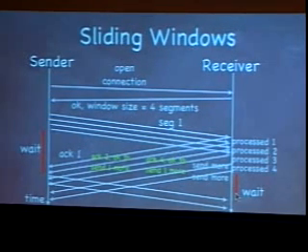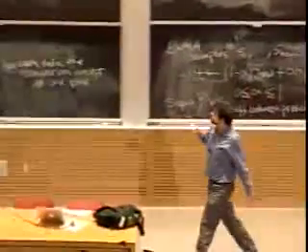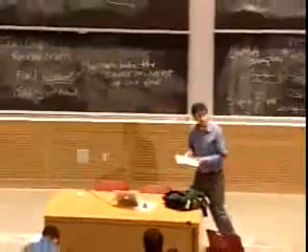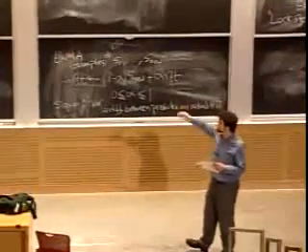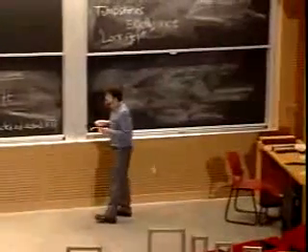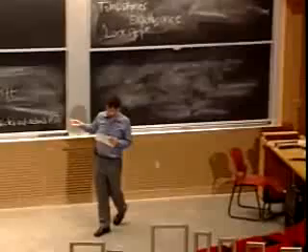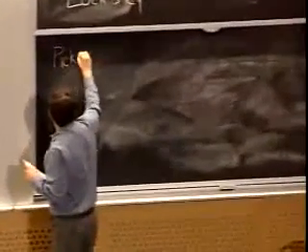So what this suggests is that we want to set the size of the window to be the appropriate size in order for the receiver to continuously process information if at all possible. So there's this question about how do we pick the window size.